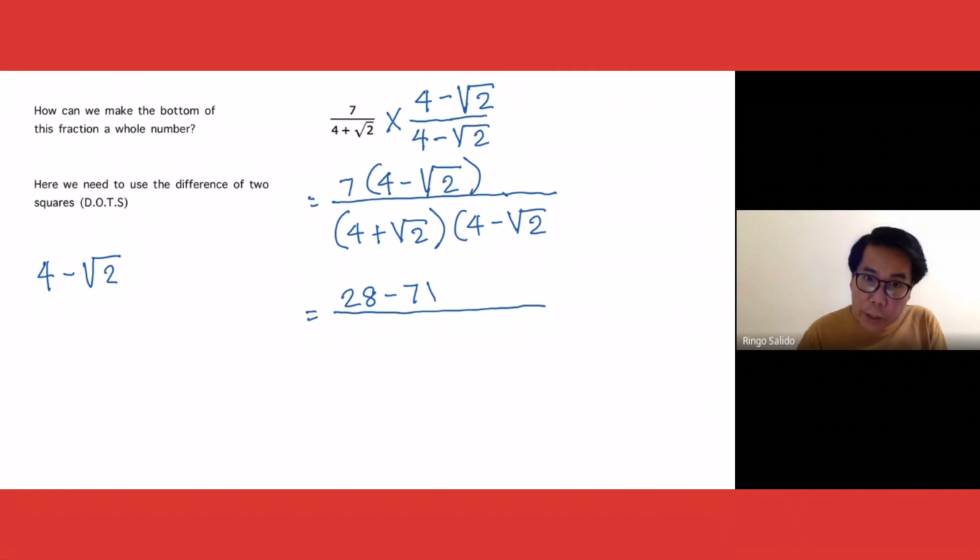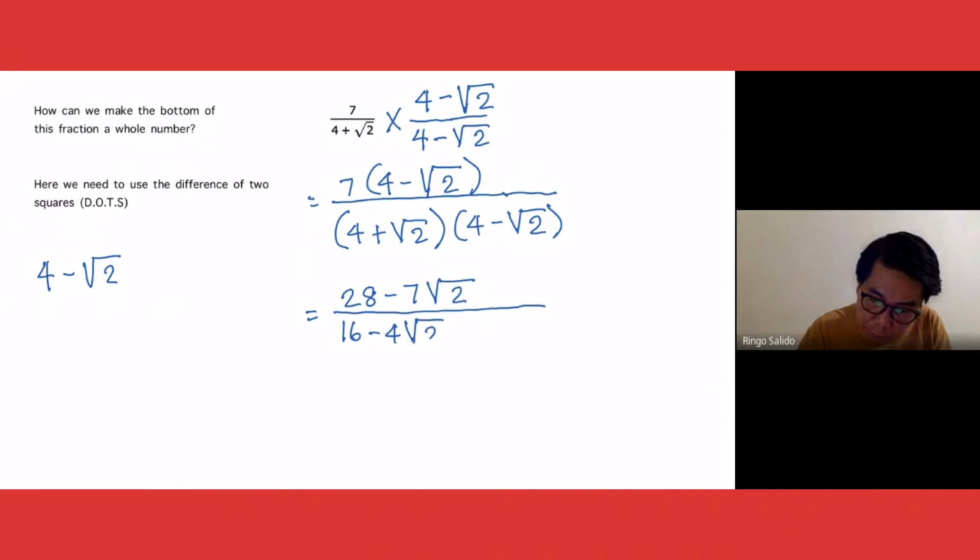And then for the denominator, we have to use the FOIL. So 4 times 4 is 16. And then 4 times negative root of 2 is negative 4 root of 2.